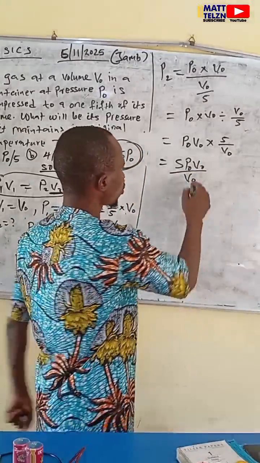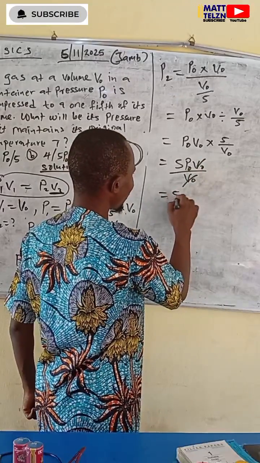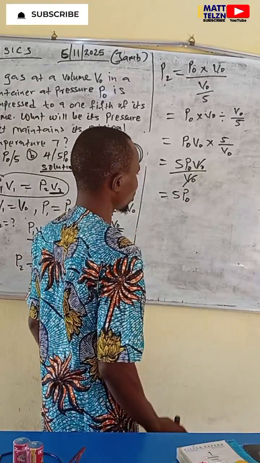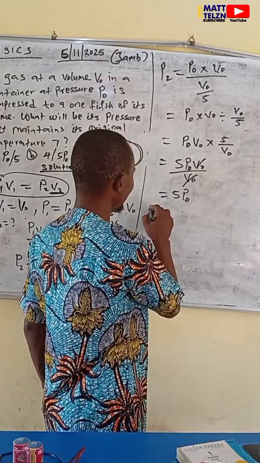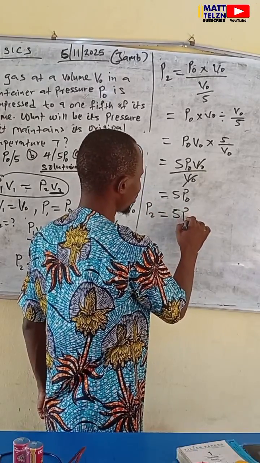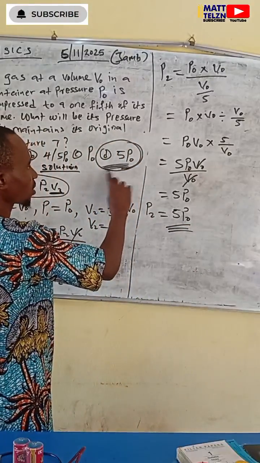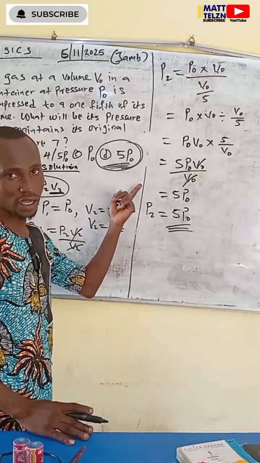V naught will cancel V naught, so I have 5 P naught. So my P2 is equal to 5 P naught. Notice that our answer is D. Good.